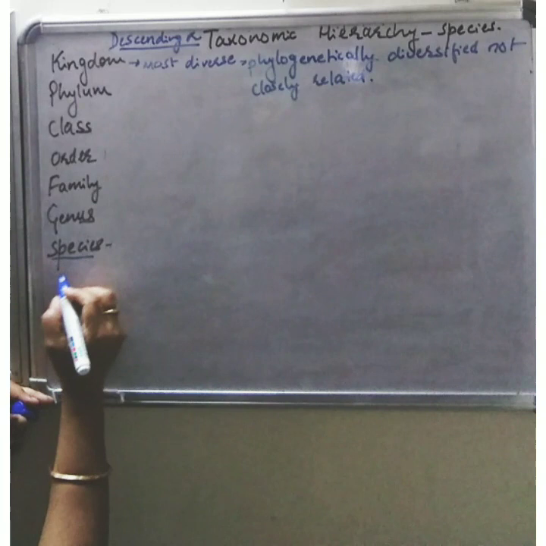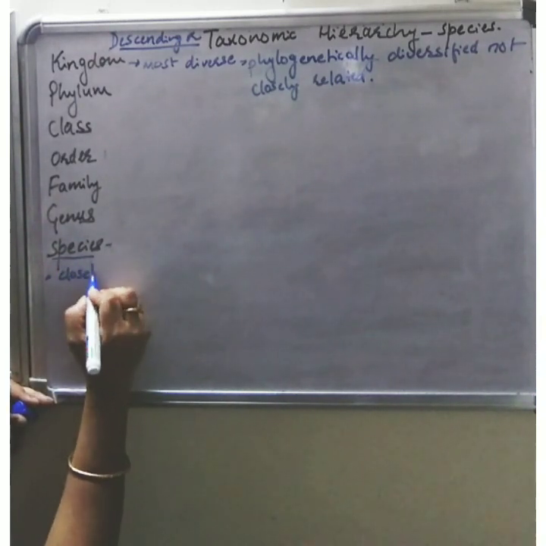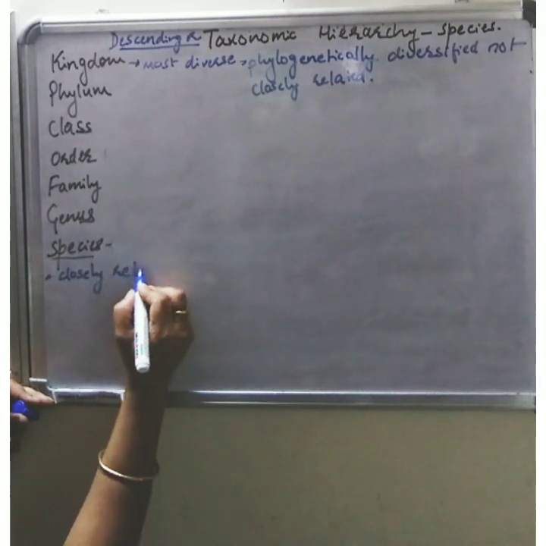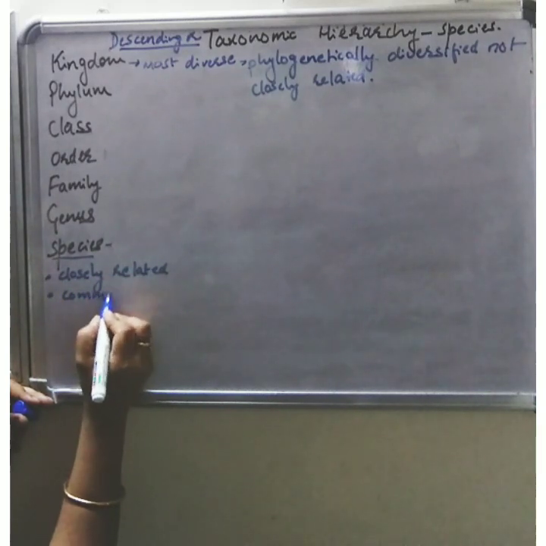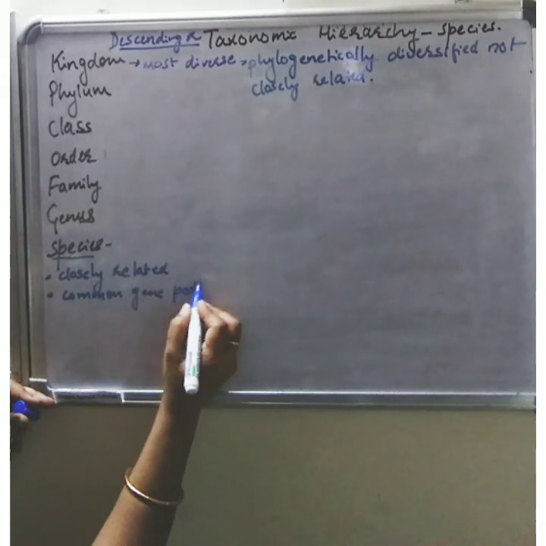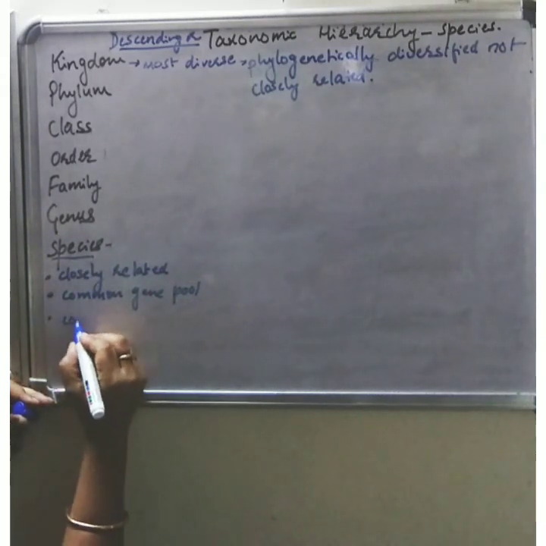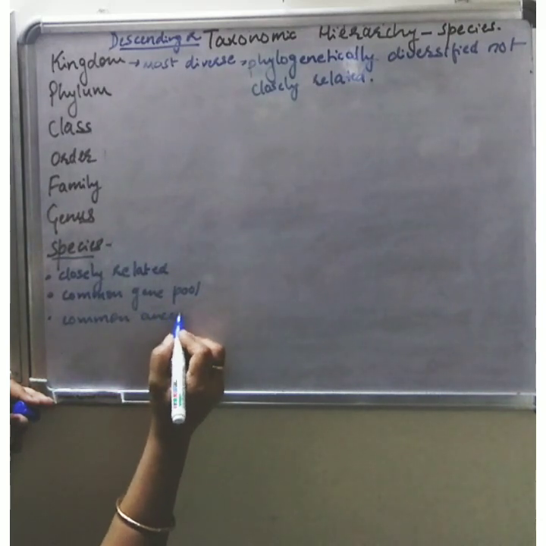And the members of the species are closely related. They belong to a common gene pool. They have a common ancestor.